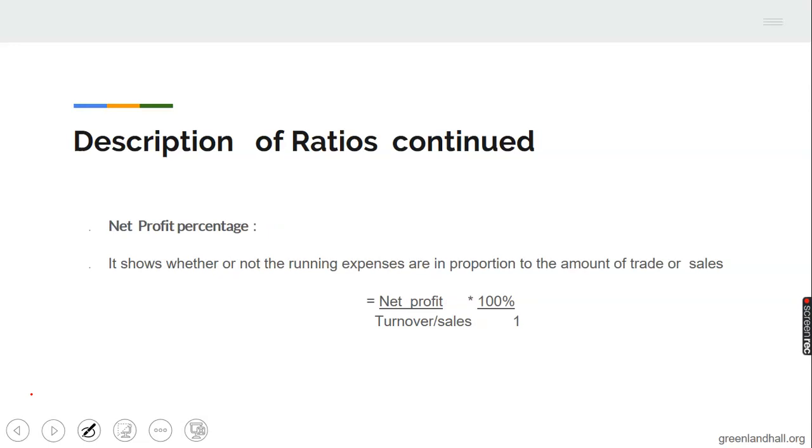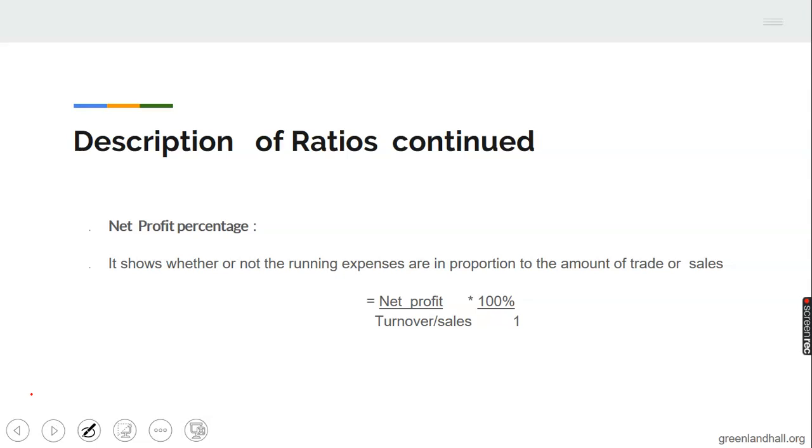Net profit is the profit that is made after the deduction of the expenses. And the net profit percentage shows whether or not the running expenses are in proportion to the amount of trade or sales for that particular period.